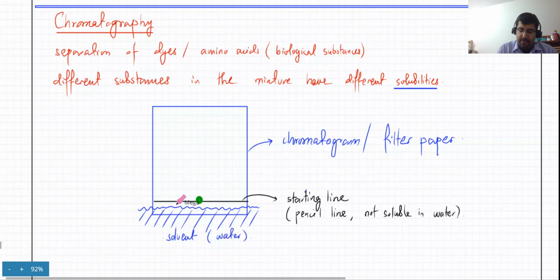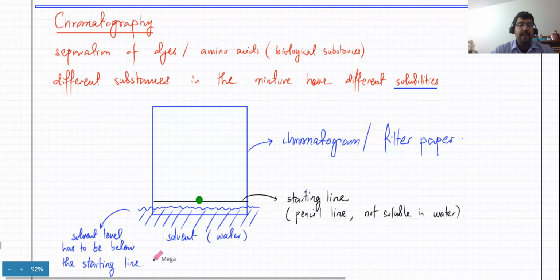And also remember, the solvent level has to be below the starting line. Because if the solvent level is above the starting line, the problem would be that the green dye would mix in the solvent, in the solution, in whatever glass the solution is.